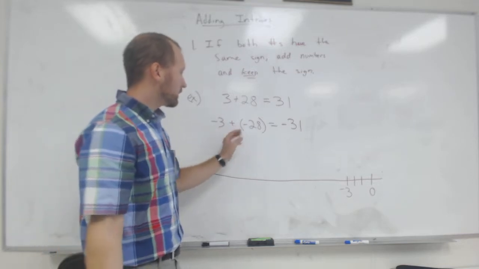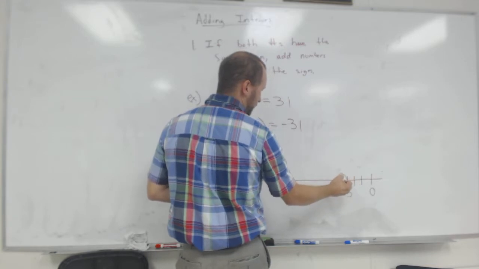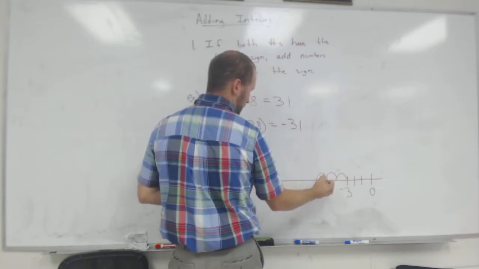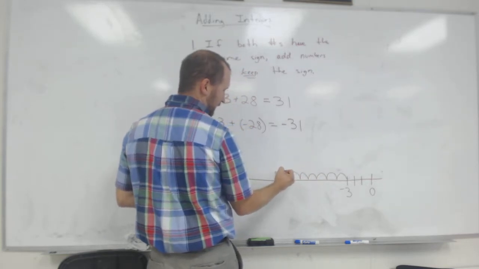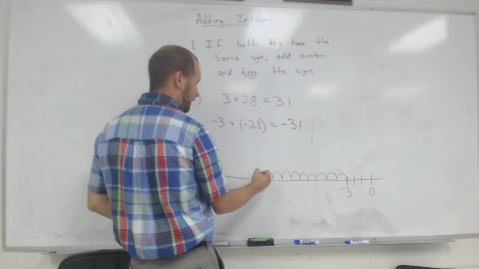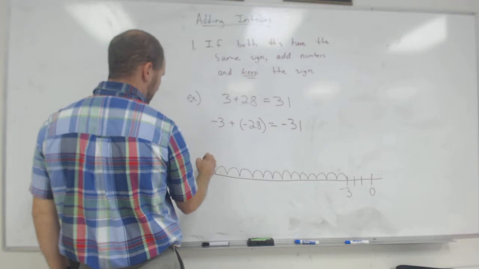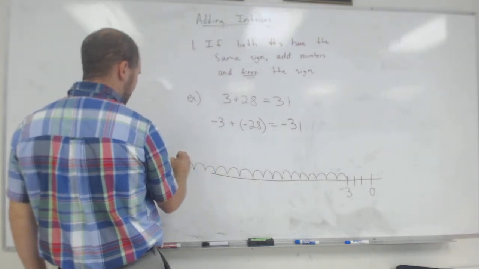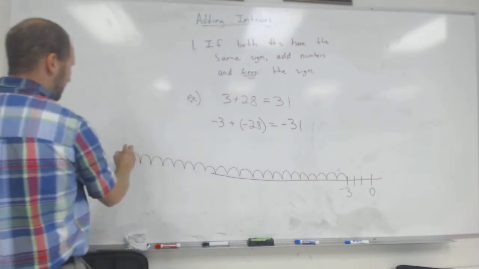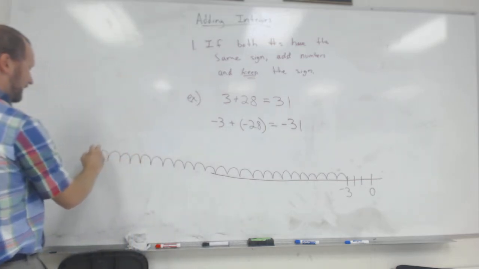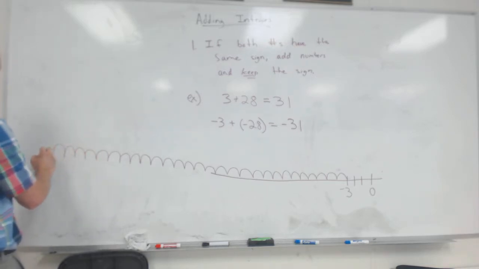So negative 3, subtracting 28. I'm going 28 steps further. 1, 2, 3, 4, 5, 6, 7, 8, 9, 10, 11, 12, 13, 14, 15, 16, 17, 18, 19, 20, 21, 22, 23, 24, 25, 26, 27, 28.